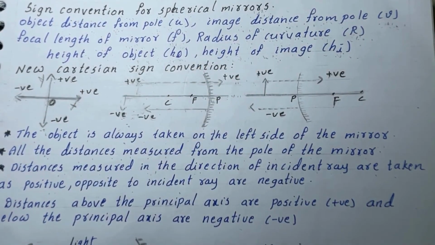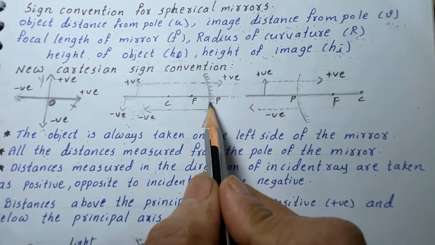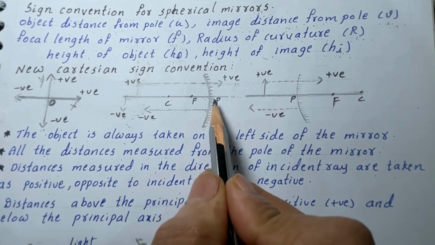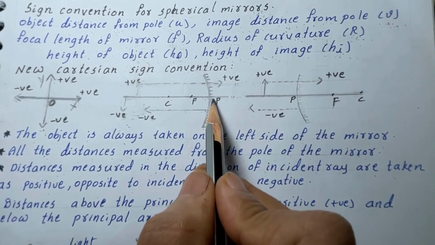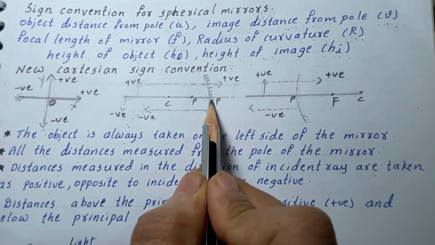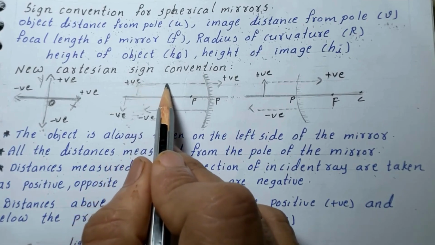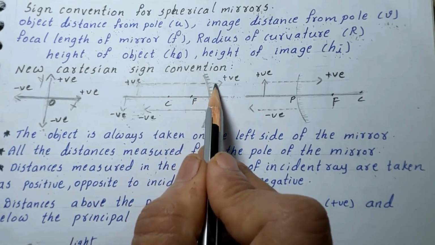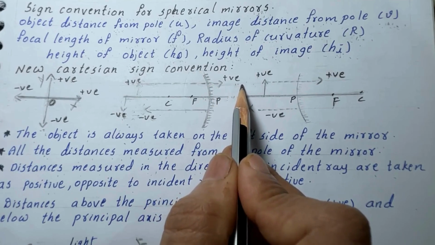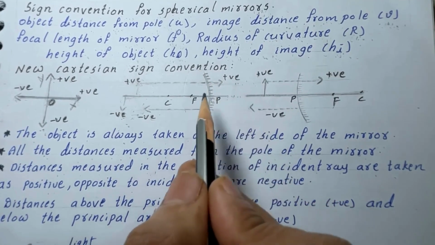So when we use this system in spherical mirrors, we have to take the pole as the origin. Remember that the pole of a spherical mirror is the origin, and the incident ray direction, that is the right hand side direction of the pole, is taken as positive.